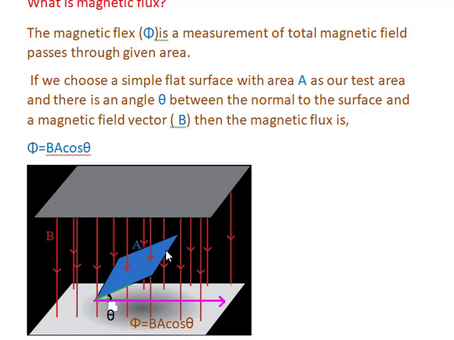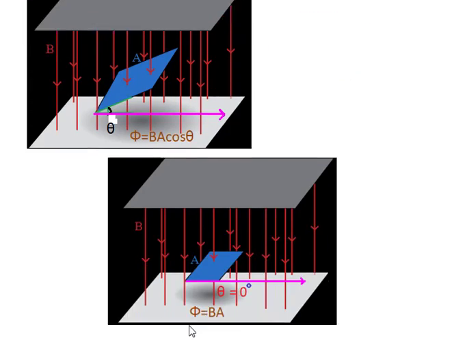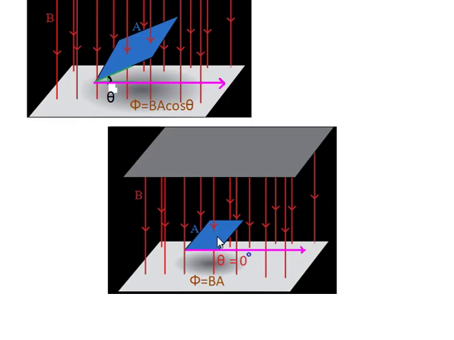Suppose the flat surface is inclined at angle theta, then we have phi equal to BA cos theta. Suppose the flat surface is perpendicular to the magnetic field, so the normal is parallel to the field. Then the angle theta becomes 0, cos 0 is 1, so phi is equal to BA.